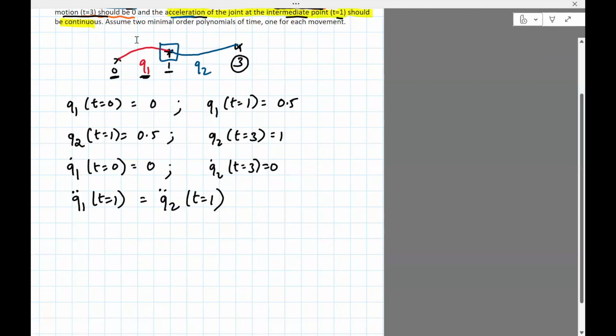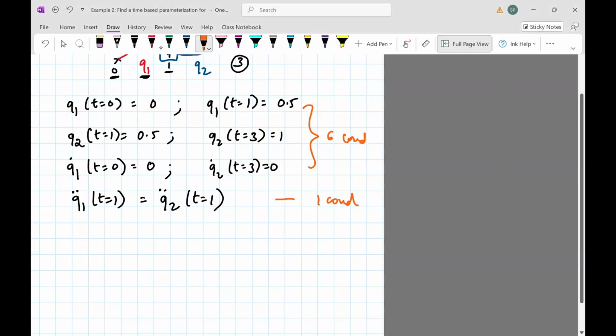Okay, so those are all the conditions which have been given to us, right? So we have 7 conditions, 6 conditions here, and then 1 condition here. Now, one thing we notice is that if the acceleration has to be continuous, the velocity better be continuous, otherwise we'll have a real problem.